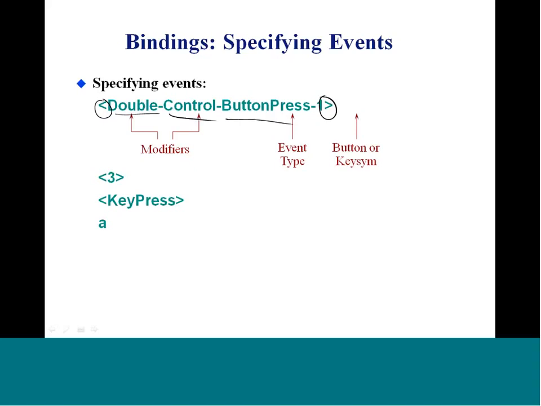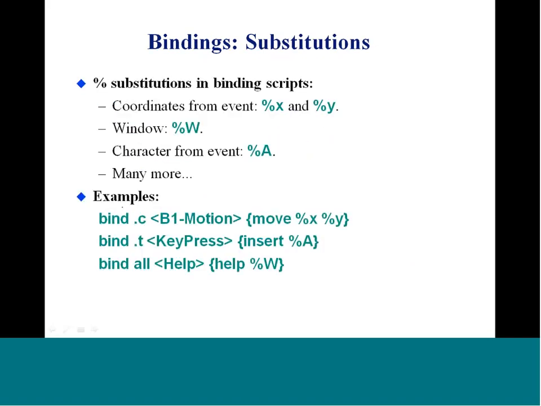Then there is a button press, which is the event type, and then you can also specify what kind of button or key you want. The other ones are the number 3, KeyPress, A, and so on. These are all ways of specifying various events.